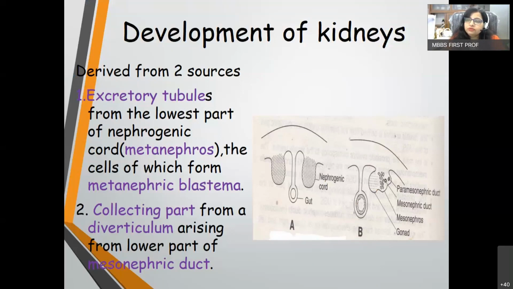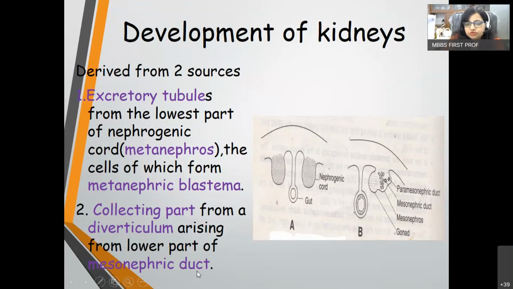Now we come to the development of kidneys. Again, kidneys are derived from two components. One is metanephric blastema and another is collecting part. That is the urine that is collected in the ureter and the calyceal system and then finally goes out. So this is derived from the mesonephric duct.